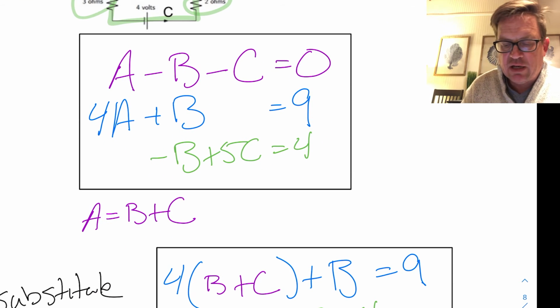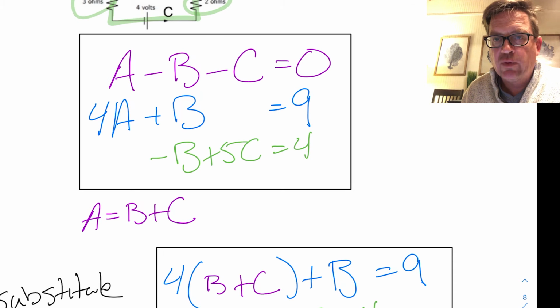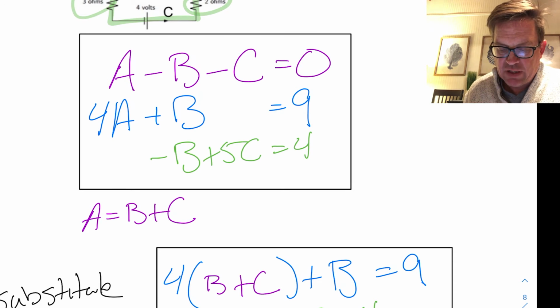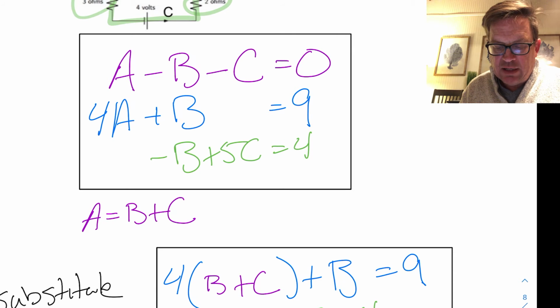How can you solve that? So we break it down to get this box of 3 equations with 3 variables, A, B, and C. So I'm going to take the first one, it's easy, A equals B plus C, and I can substitute that in.